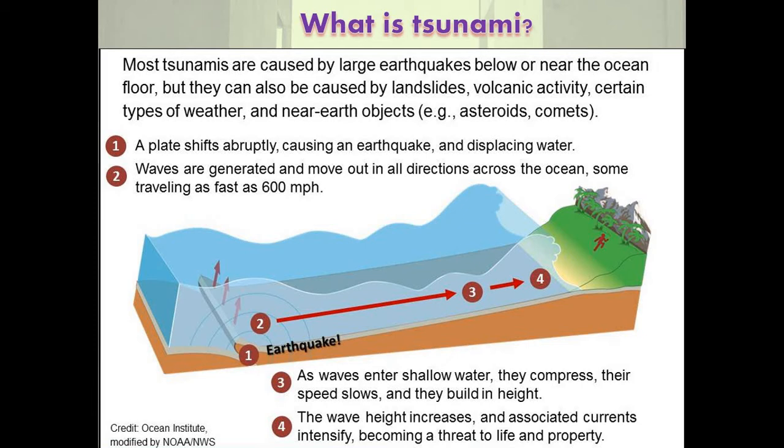The term tsunami has been derived from a Japanese term, tsu, meaning harbour, and nami, meaning waves. Tsunamis are popularly called tidal waves, but they actually have nothing to do with the tides.